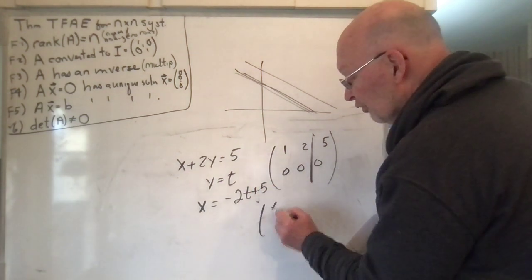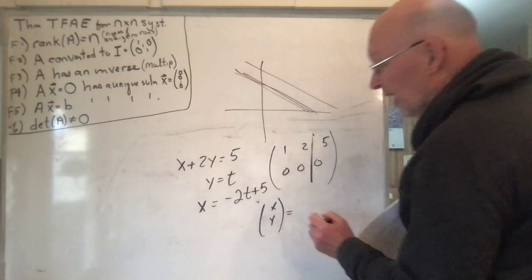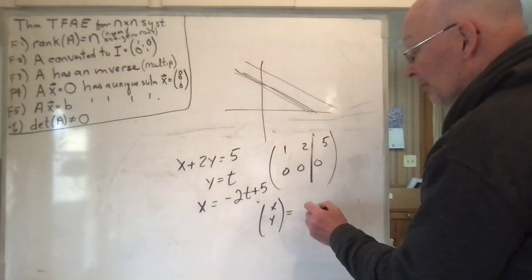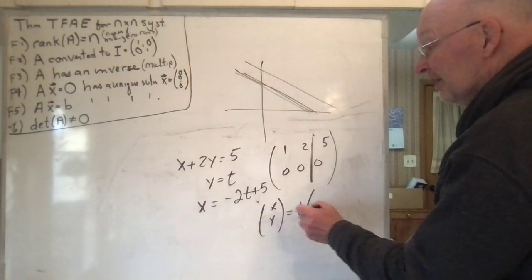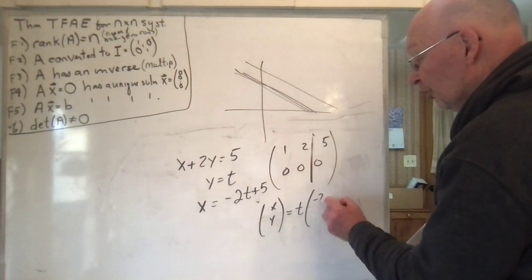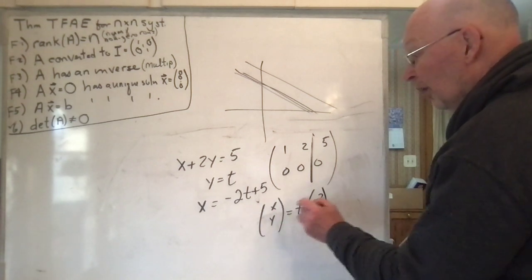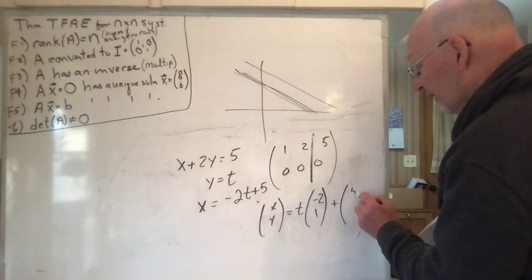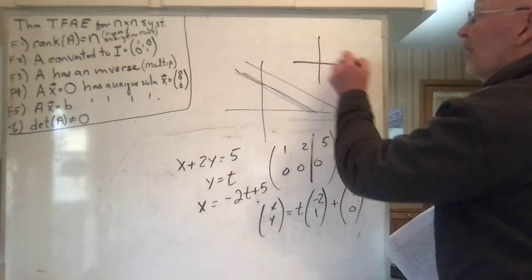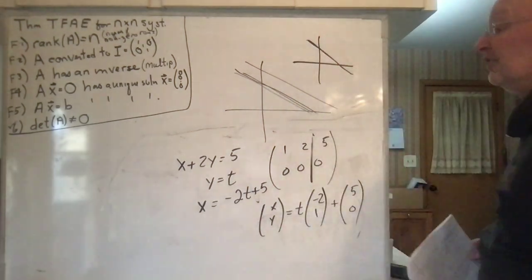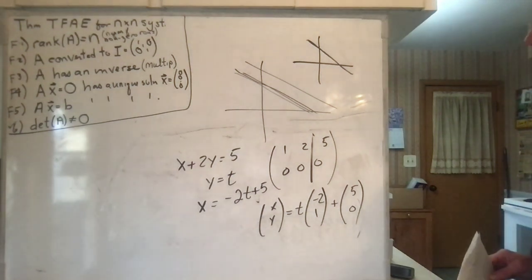And so what are all your solutions? x, y are going to be t times, what? Negative 2 and 1 for y. And then what's left? 5, 0. So basically that happens when you have two lines that are just lying right on top of each other, and you're basically just getting that same line back again.